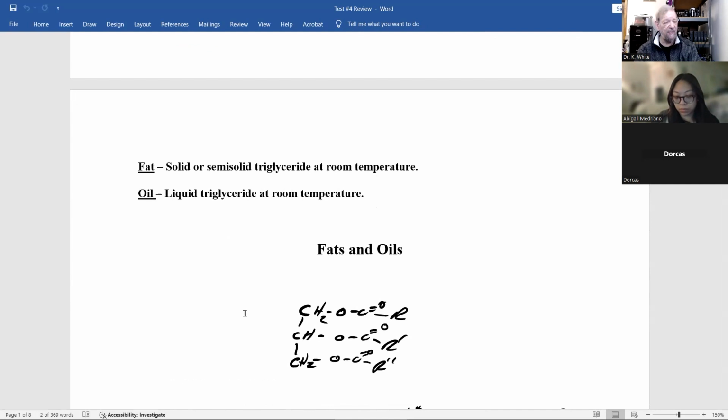An oil is a liquid triglyceride at room temperature. So if you make bacon in a frying pan and you see the fat left over from the bacon, after a while, when it cools down, it becomes a solid because it's a fat. If you have vegetable oil or olive oil in your house, outside at room temperature, it's a liquid.